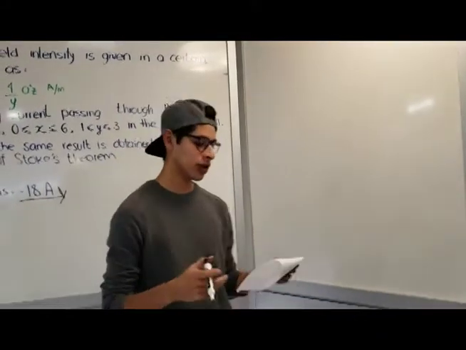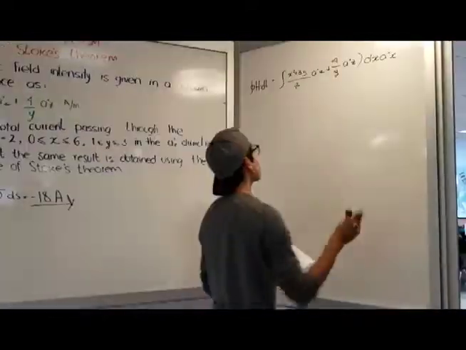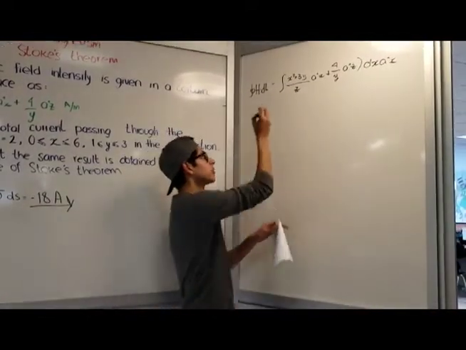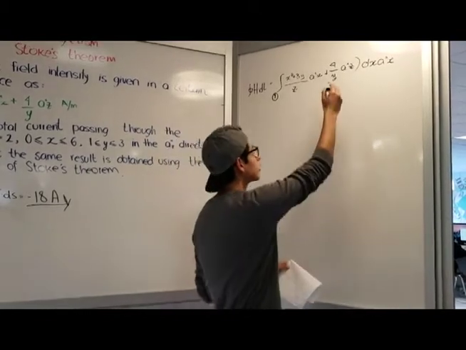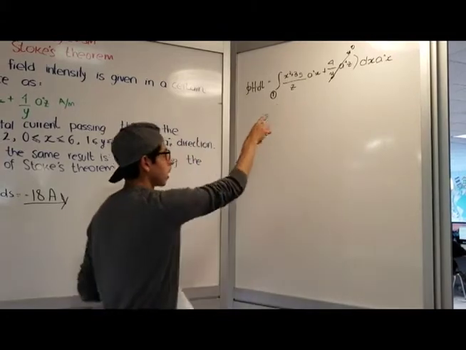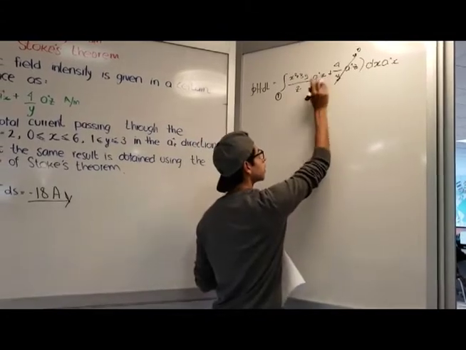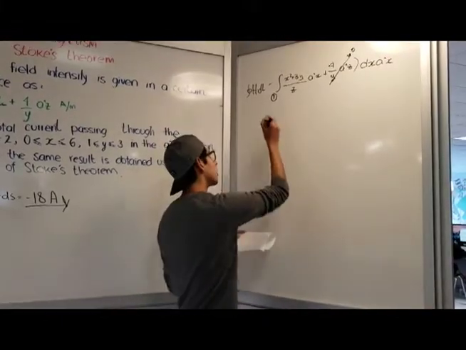Now with the data that we just got, we can start making our line integrals. This is the first integral that we just got, and this goes to 0 because we only have the x, and we have here that this part goes to the x direction, so it stays.